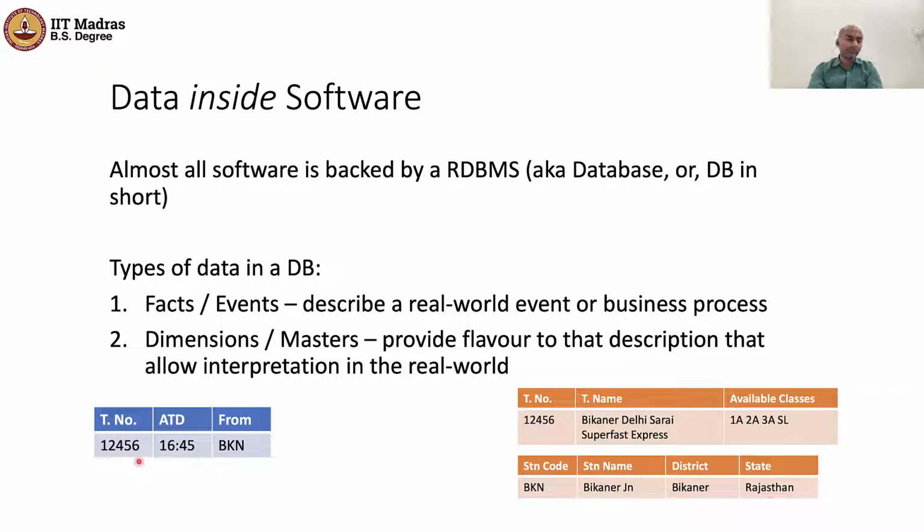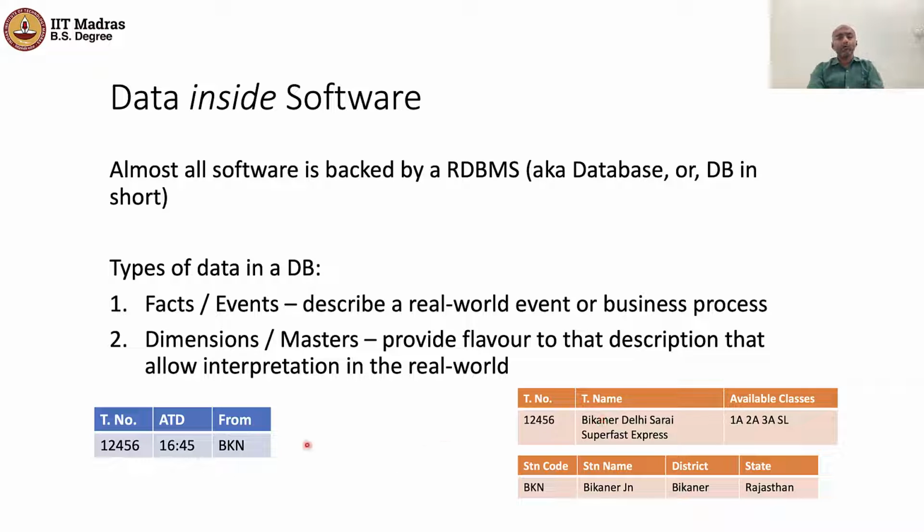Likewise, what does train 12456 refer to? That's actually the column that's present as T number, or T-no rather, in this dimension. And that dimension has additional items that add flavor to it, right? The train name is Bikaner Delhi Sarai Superfast Express, available classes of 1A, 2A, 3A, SL.